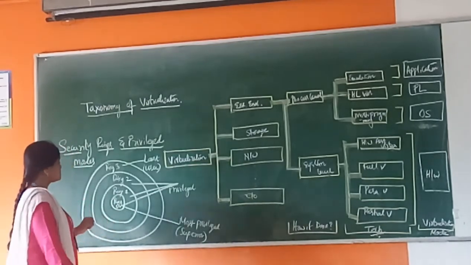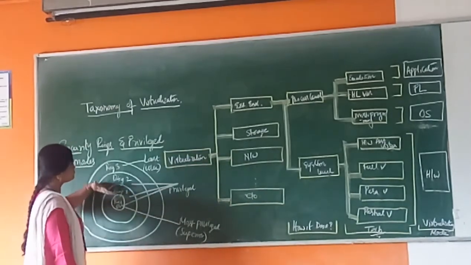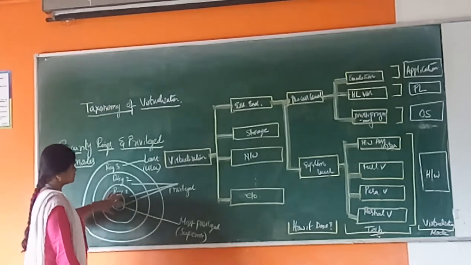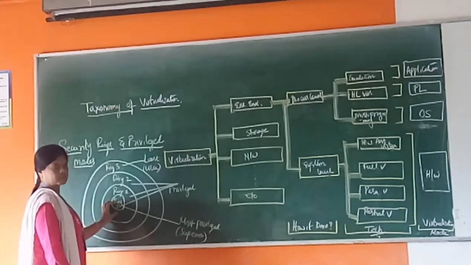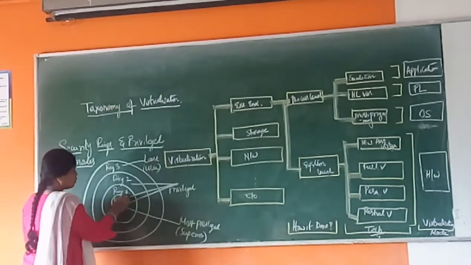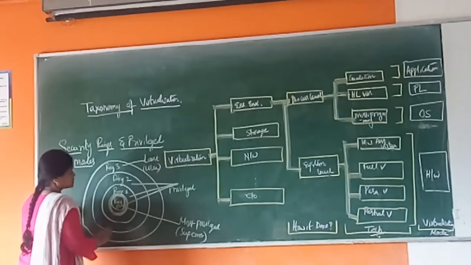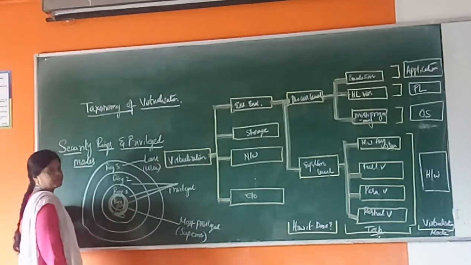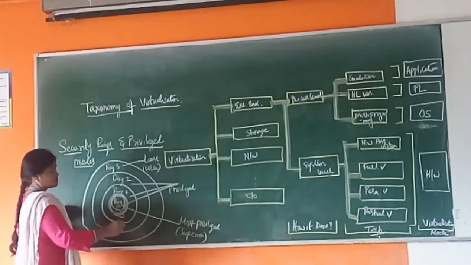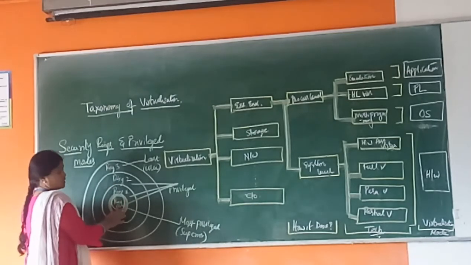For example, you can think of it as concentric circles. I want to take the core of the hardware devices, for example the operating system. I want to access the operating system. So this is the innermost layer.